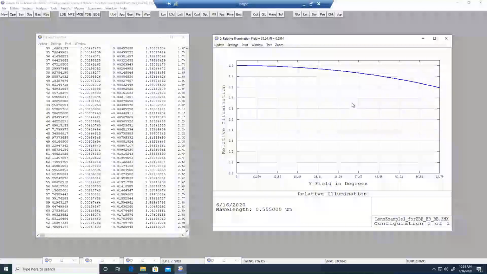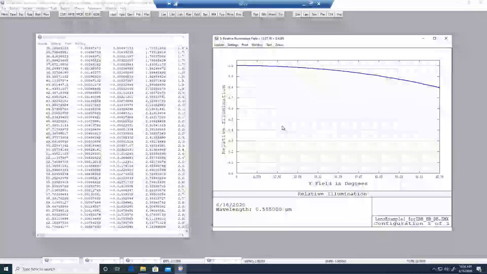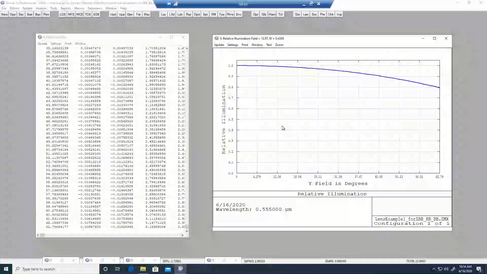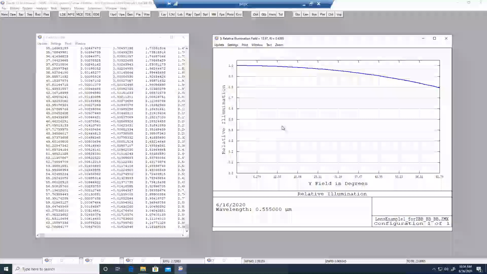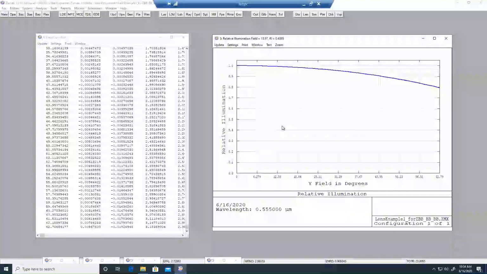And Ben, we have relative illumination, but it's not to be confused with transmissivity or transmission of the lens, right? Right, you'll sometimes see people get those things confused. Total transmission of the lens is different. It's in versus out. This is a comparison of the illumination at the center of the lens, usually referenced to the center of the lens, to the edge.